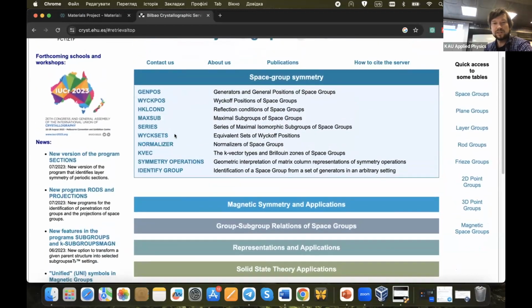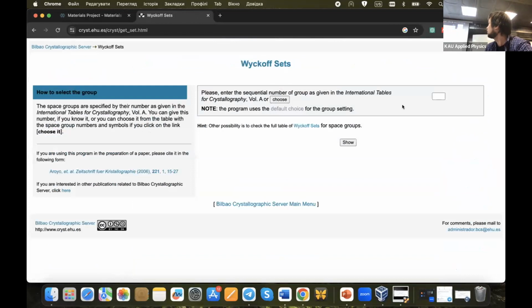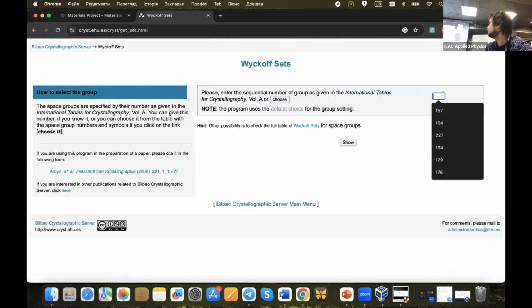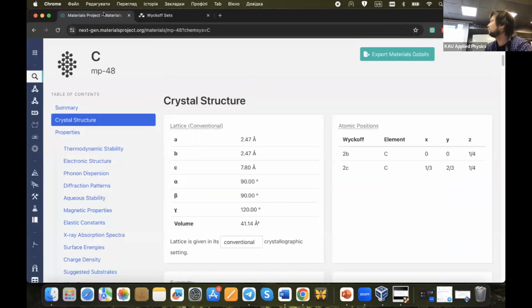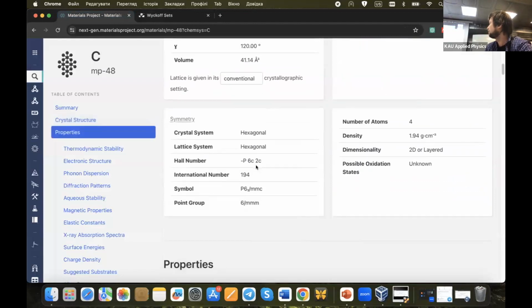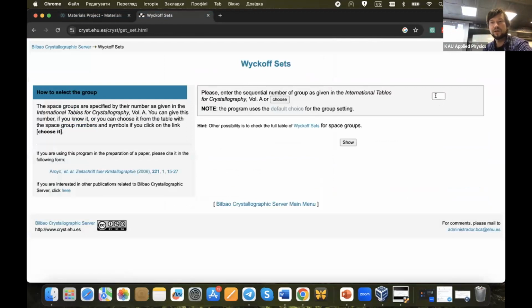And in space group symmetry, you see this tab Wyckoff sets, equivalent sets of Wyckoff positions. I go here. I should type the space group. What space group do I have? I have space group 194. I type it here.